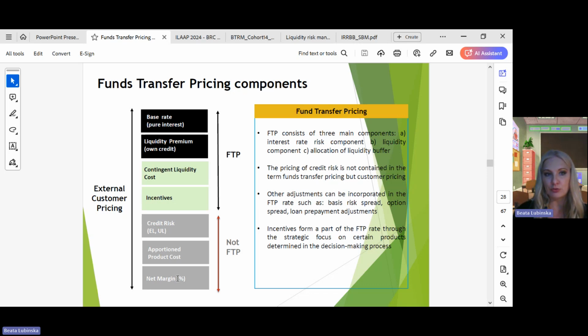And when you price the product, you will have the base FTP as the first component of the pricing. You have to know the FTP, and then on top of this, each product will have its own credit risk assessment.